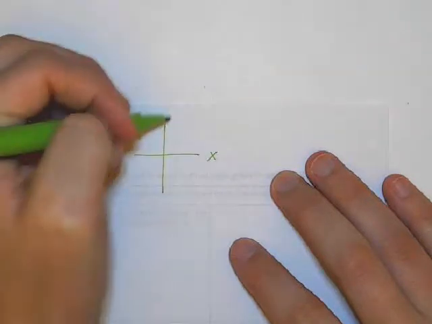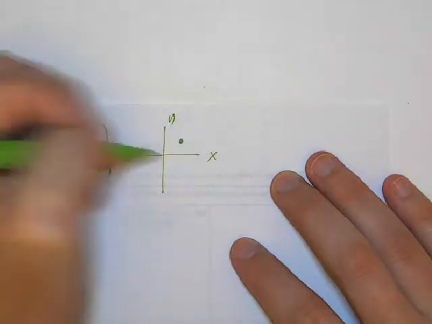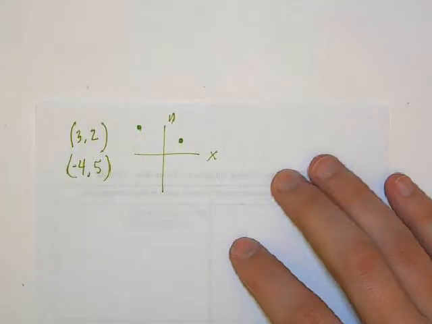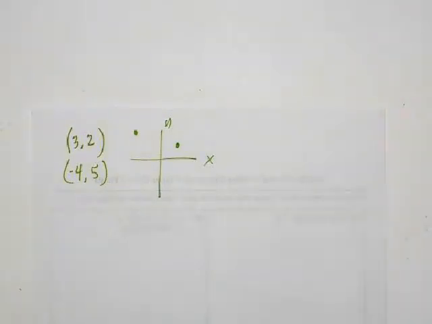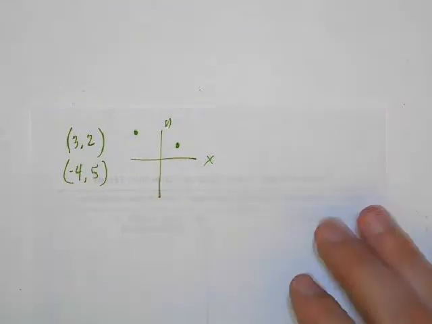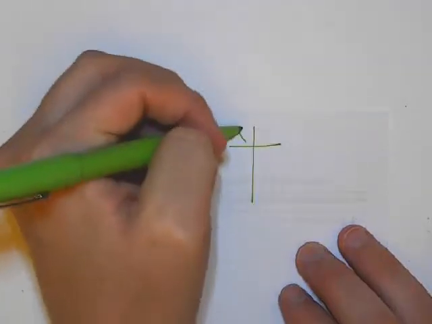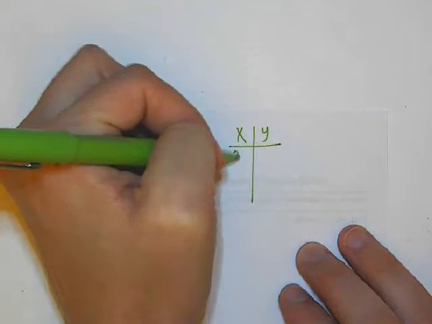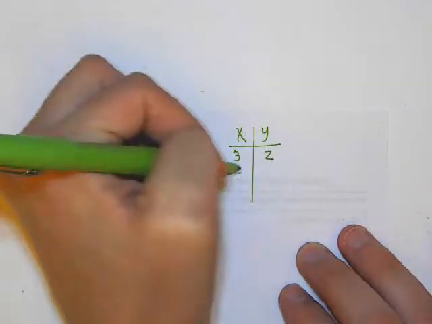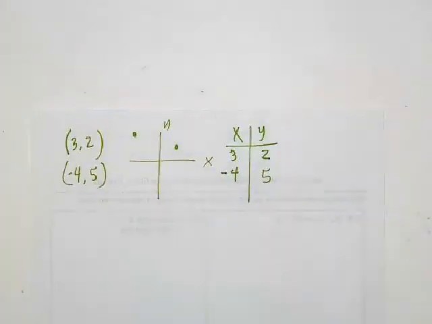So let's say I graph them: 3, 2, and -4, 5. How else can you see points? In a table. Good job. I could do x, y, and then 3, 2, and -4, 5. Those are the 3 ways that you can see a point.